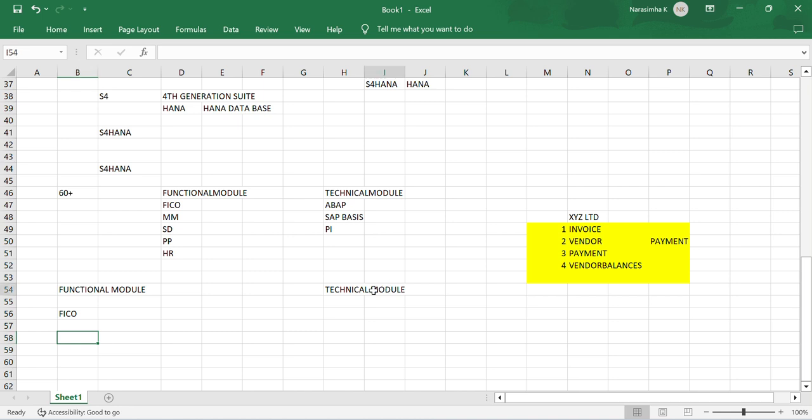But what is the use of a technical module? For example, in a non-SAP system the vendor has some reports, and in those reports they have 10 fields. The client wants the same report in SAP, but in standard SAP it is not possible.